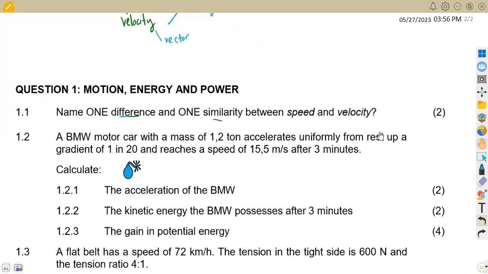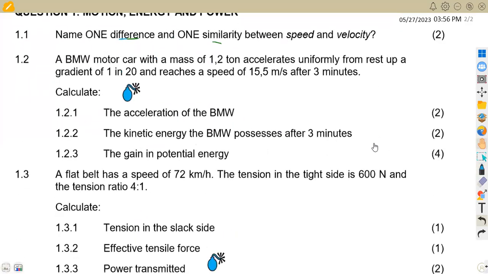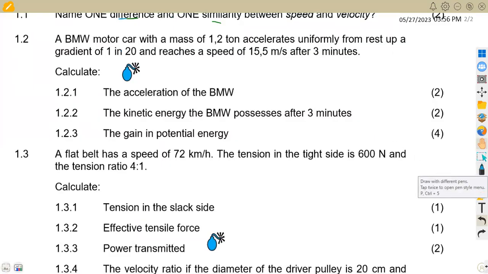All right, if we check 1.2, we are given that a BMW car with a mass of 1.2 ton accelerates uniformly from rest up a gradient of 1 in 20 and reaches a speed of 15.5 meters per second after 3 minutes. Take note, this started uniformly from rest, but it's on an incline.